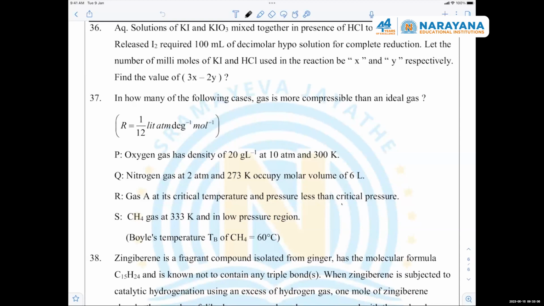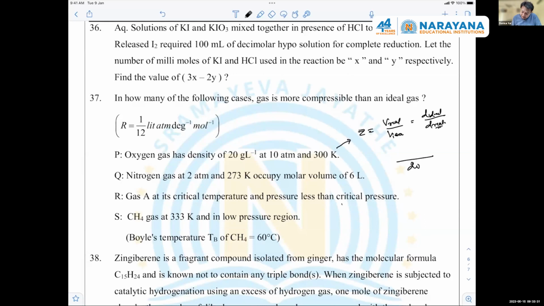In 37, what you need to do first of all, in P, you should be using this formula: Z is equal to V real upon V ideal. But then you can change it to density ideal upon density real. So the real density is what? 20 grams per liter.